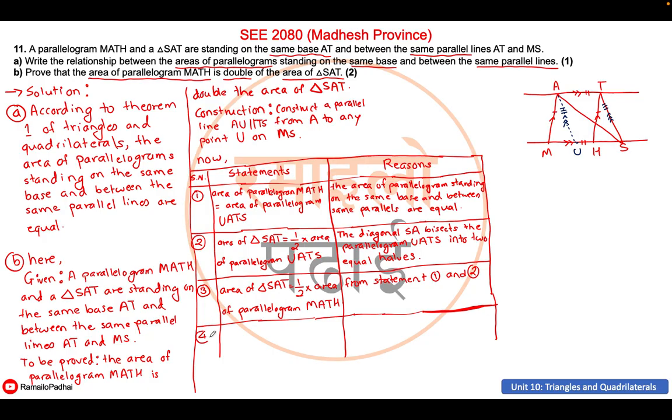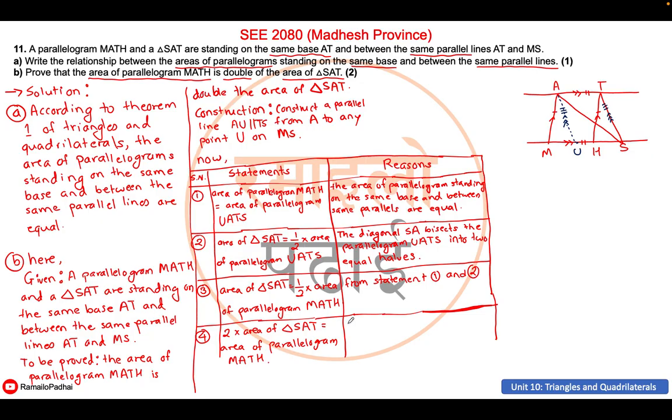so that 2 times area of triangle SAT is equal to area of parallelogram MATH. Why?